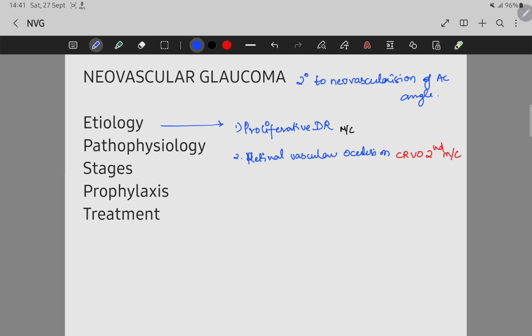Then we have other causes like carotid artery obstructive disease, which is the third most common cause of neovascular glaucoma.